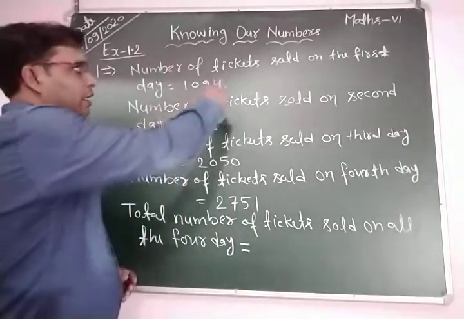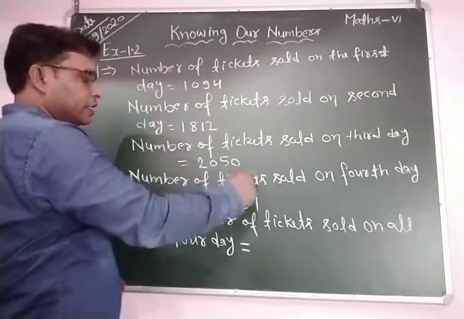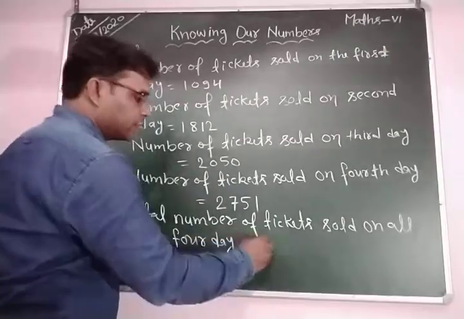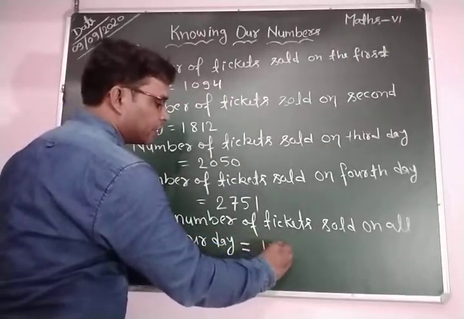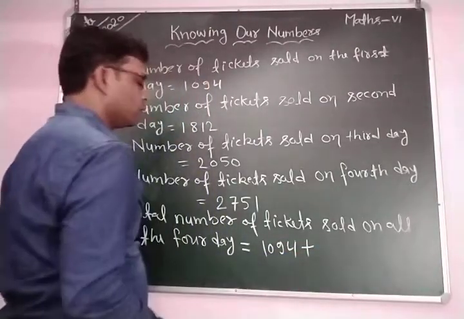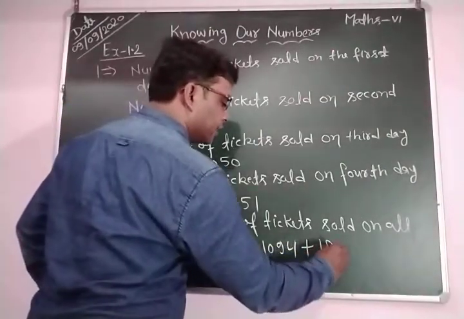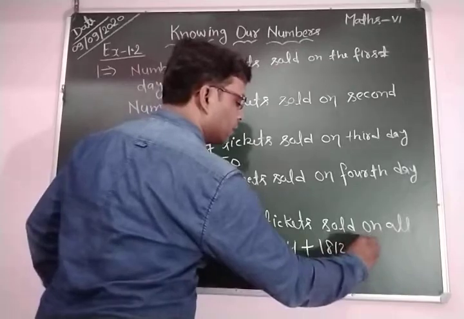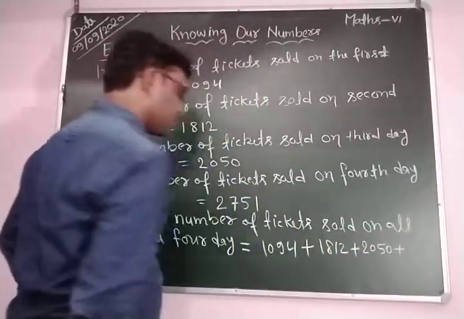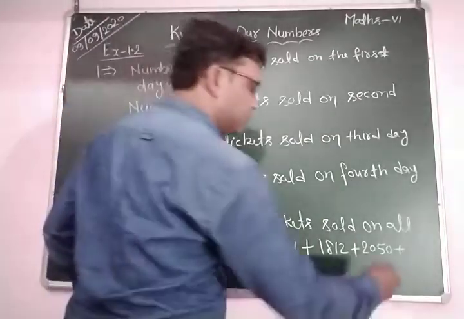So we add them. Let's see how to sum it. First 1094, in the second day 1812, third day 2050, and fourth day 2751.